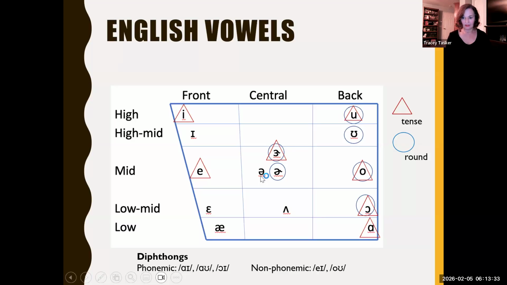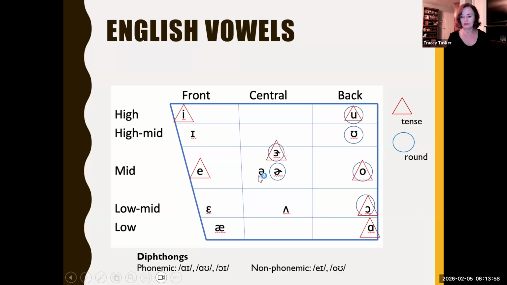Schwa is a little bit more complicated. So schwa often sounds like "uh," a very short, unstressed vowel, versus this vowel down here, which is in a stressed syllable. Sometimes the schwa will sound like other phonemes.